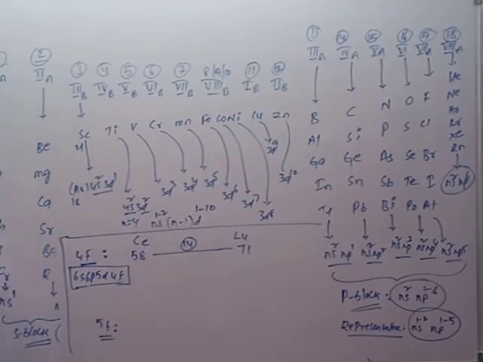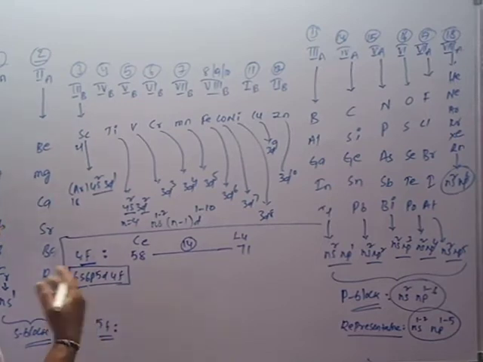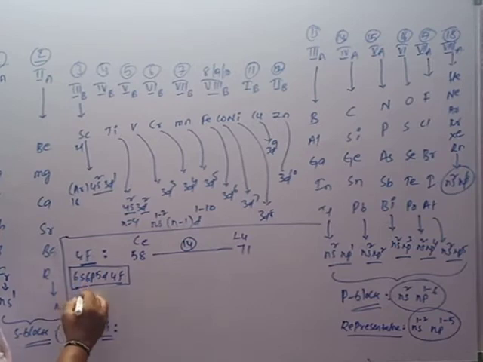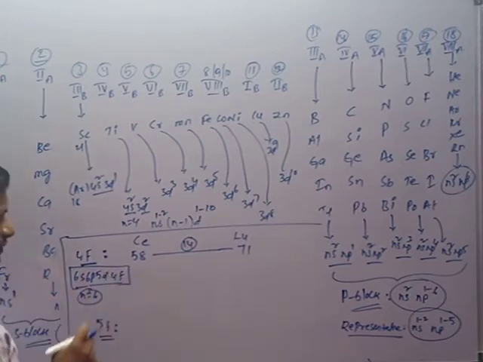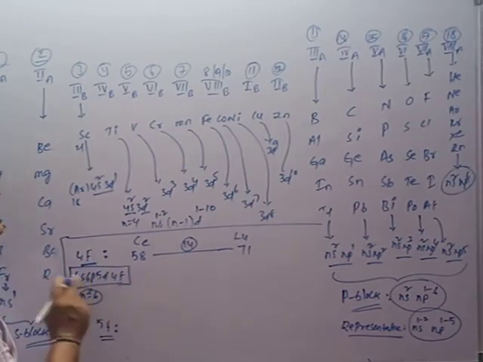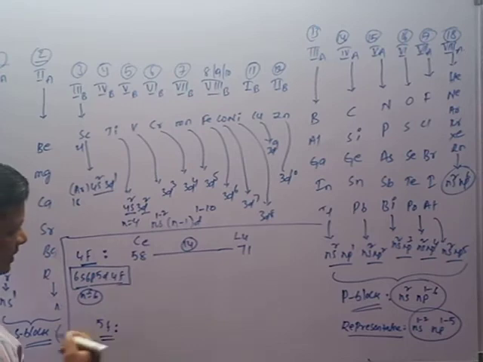In these, the differentiating electron enters into the f orbital, the (n-2)f, where n equals 6. So (n-1)d is 5d, and (n-2)f is 4f: 4f, 5d, 6p, 6s.